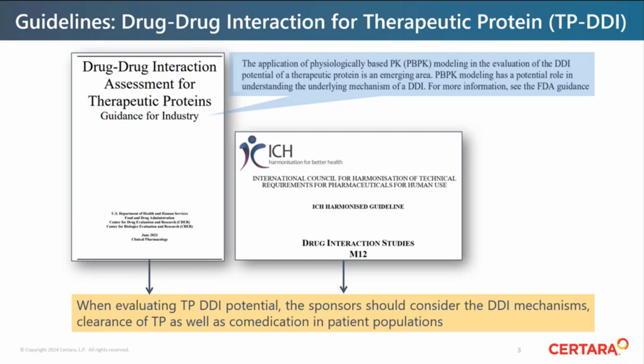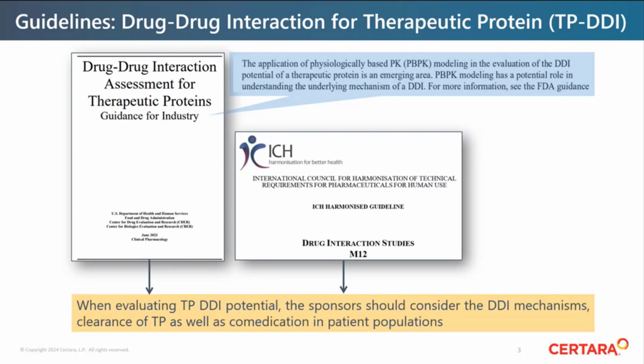Now I'd like to start with some background introduction. In June of last year, FDA released the guidance on the DDI assessment for therapeutic protein. And last month, ICH released the final version of M12 drug interaction.